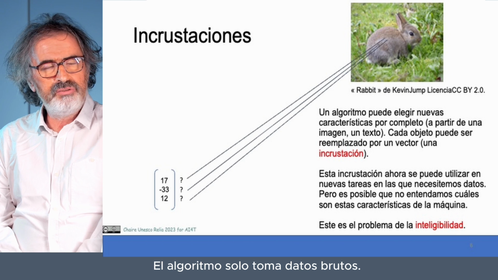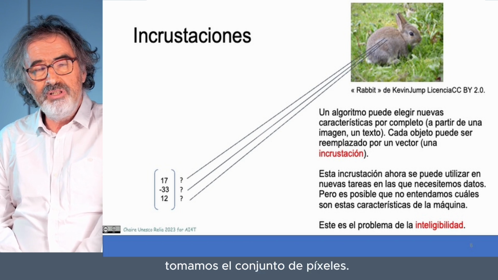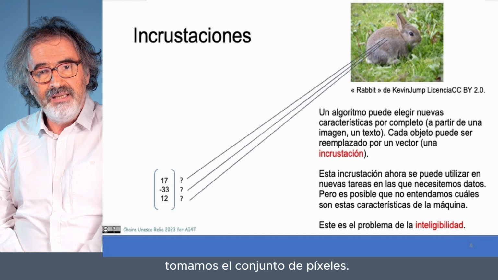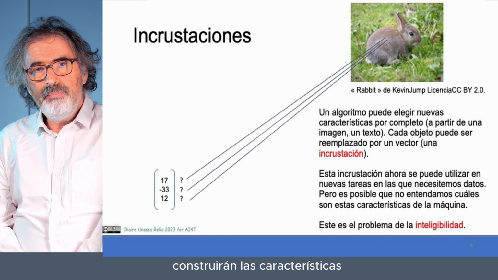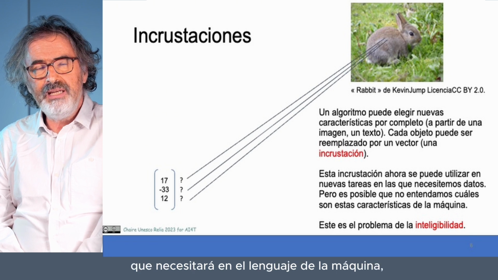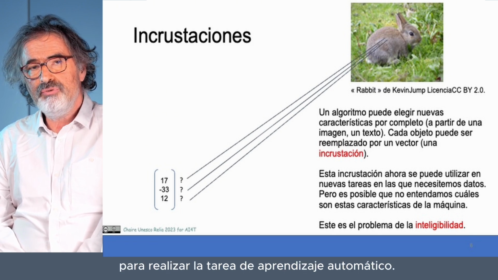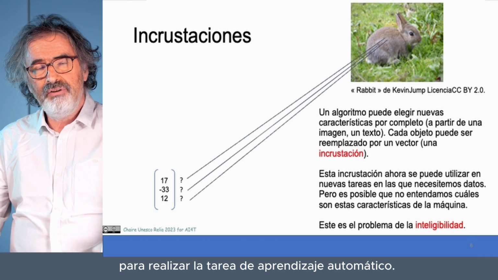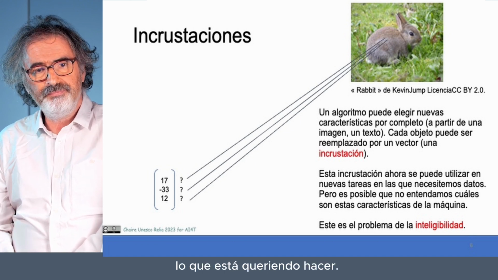The algorithm will just take some raw data. In the case of the rabbit, we just take the set of pixels, so the image itself, and upon this image we'll build the features that it will need in the machine's language to be able to perform the task of machine learning that it wants to do.